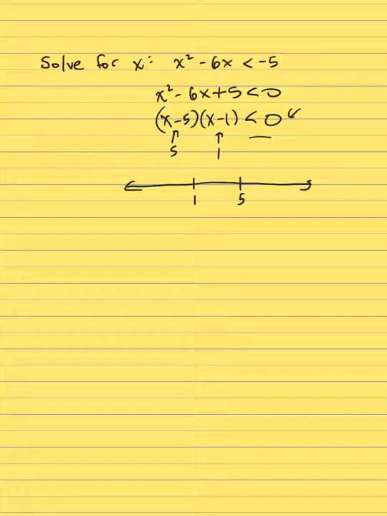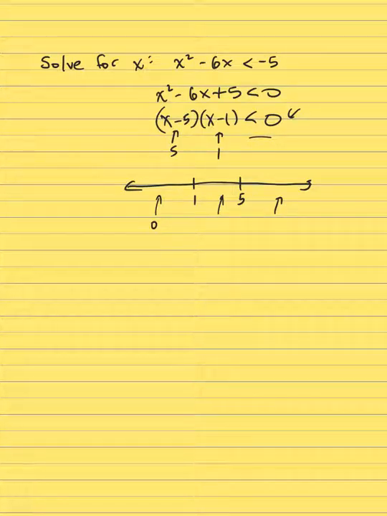Now, every number in each of these three intervals will either make the whole inequality positive or the whole inequality negative. The way we figure that out is we choose a number in each of the intervals. It's kind of like doing the test point, except we're doing test numbers here. So for the interval less than 1, I'm going to choose the number 0.